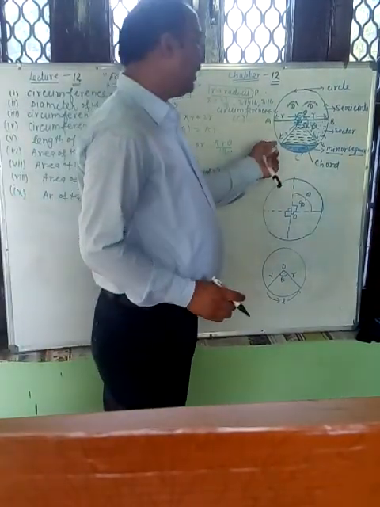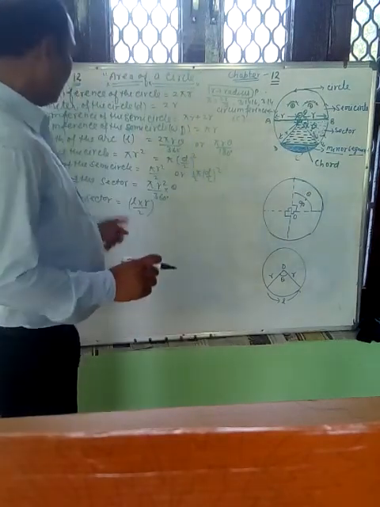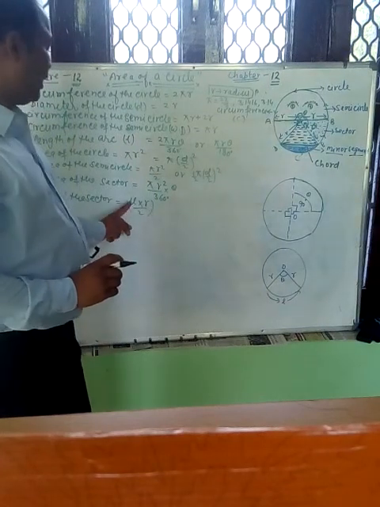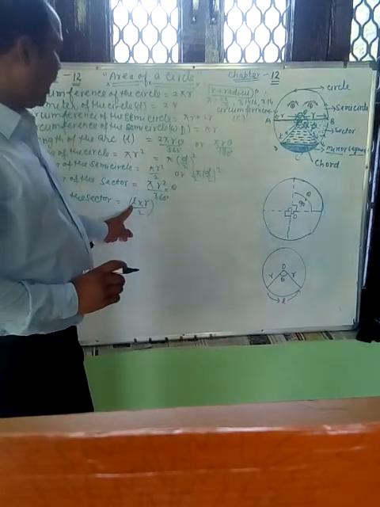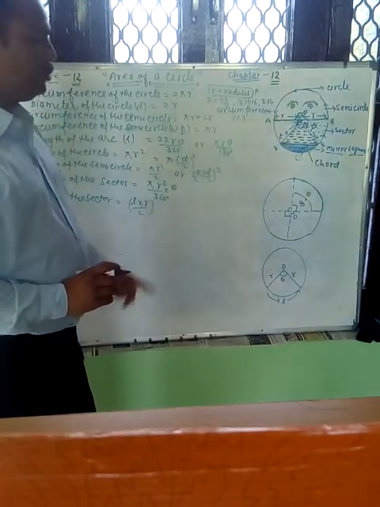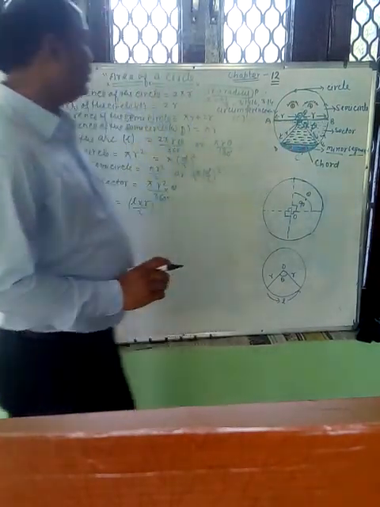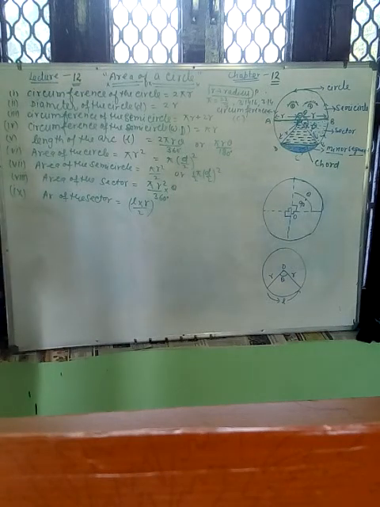When the length of the arc is given and theta is not given, then the area of the sector is L into R upon 2. This is equals to pi r theta upon 2. This is the area of the sector.